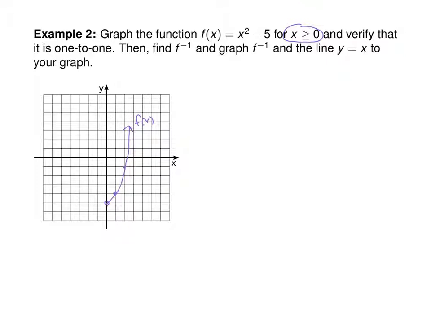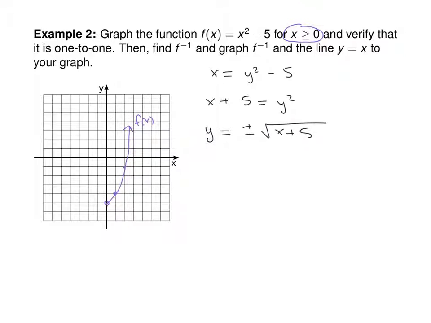Okay, now find f inverse and graph it. So that would be x equals y squared minus 5. So you solve that by doing x plus 5 equals y squared, right? And technically, y equals plus or minus the square root of x plus 5.